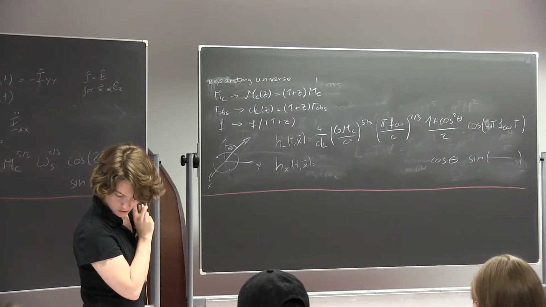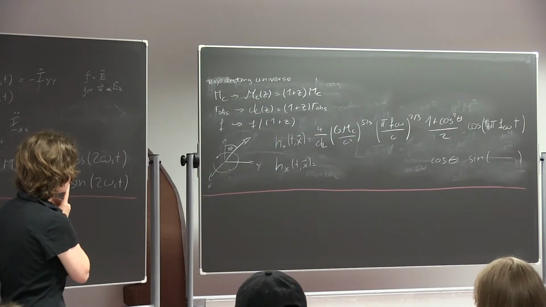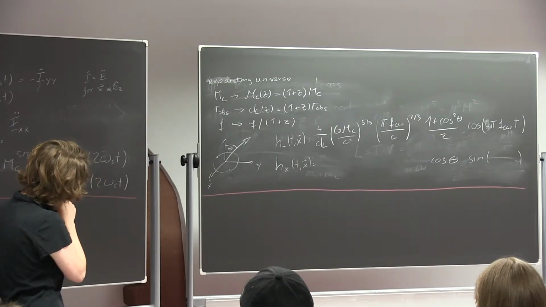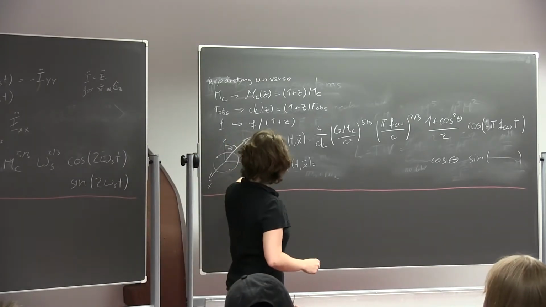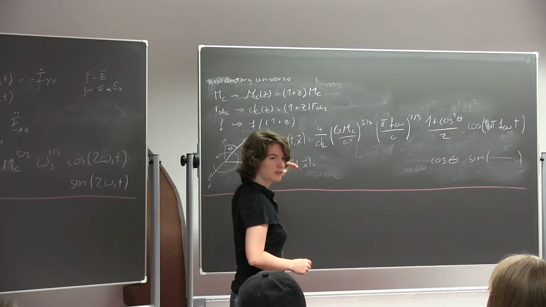That's a good question. Okay, so it does make sense that they vanish if you're looking at the system completely from the side, right? Then I think you should not see the gravitational wave signal.